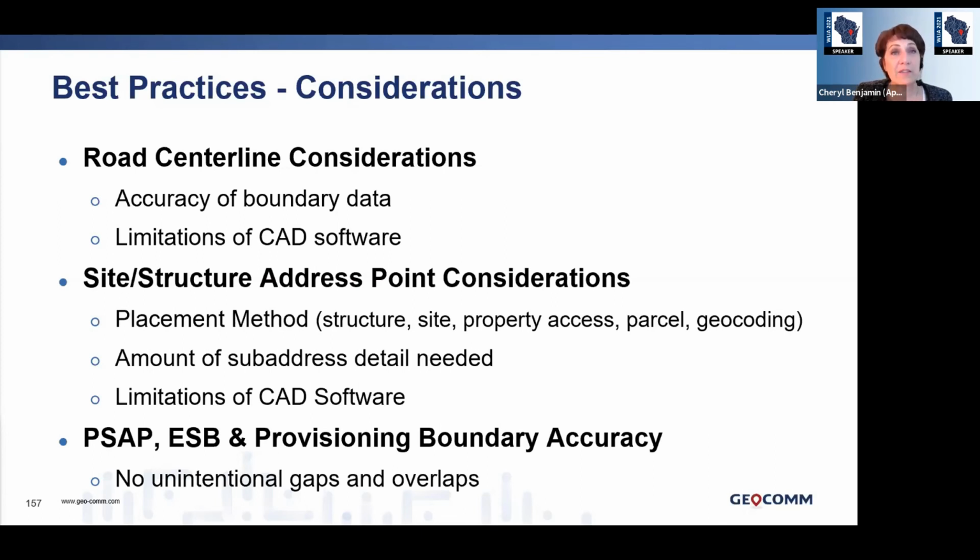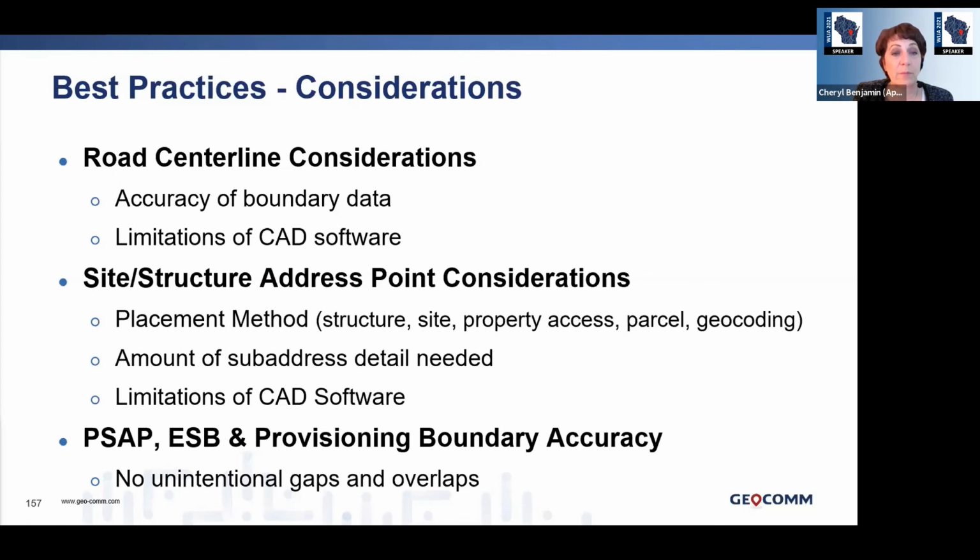You might have a site where every building has the same address number, but their individual building numbers differentiate them, so you might go to that particular level. And just like road center lines, you have to understand the limitations of your CAD software, because some CAD software may not even recognize subaddress fields or be able to differentiate between different placement types, whether you have a structure point and a property access point, for example.